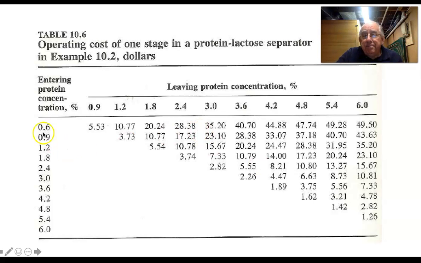So obviously, the first stage is going to be coming in at 0.6 and coming out at one of these 10 different possibilities with a cost associated.